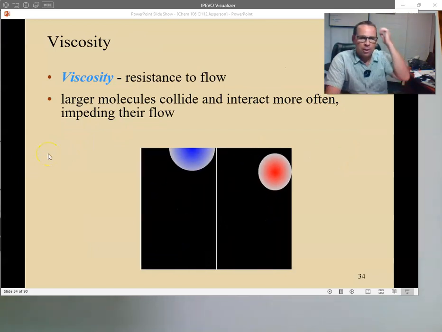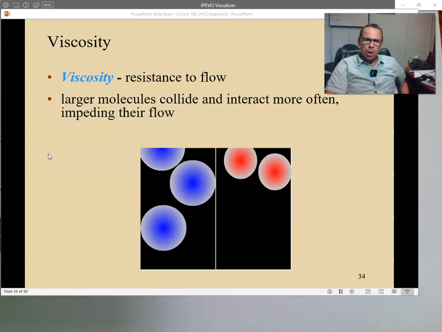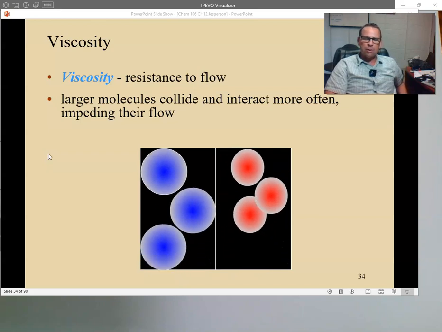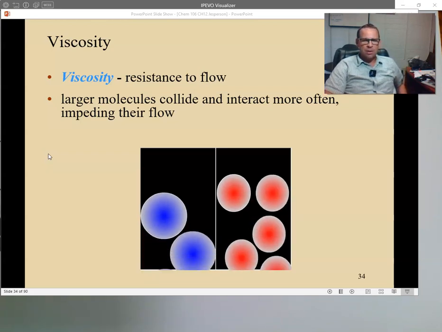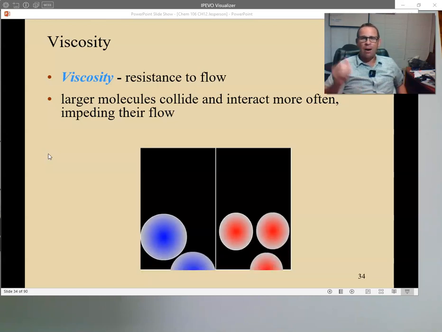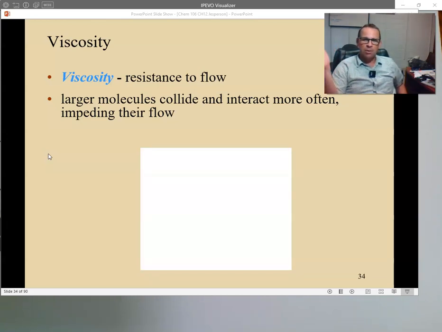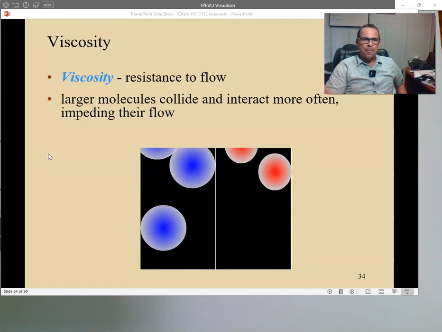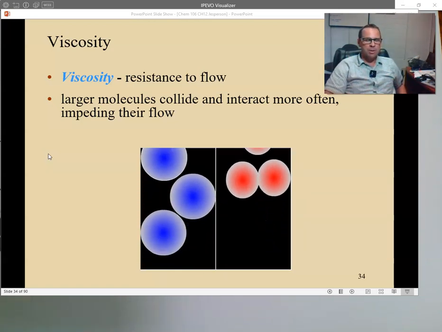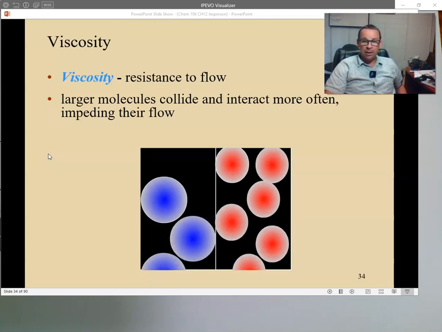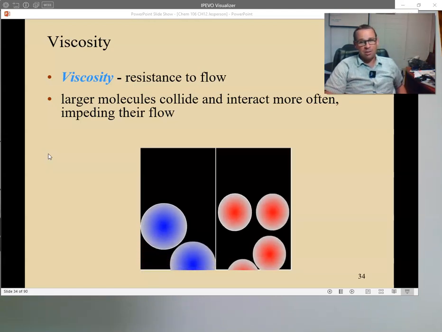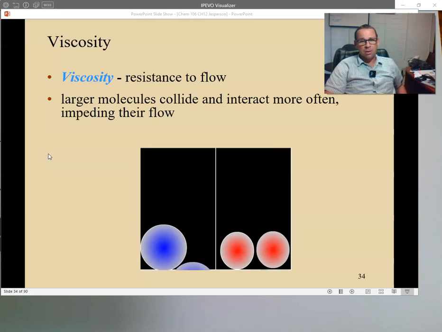Okay, very good. Viscosity is another property that intermolecular interactions influence. You can think of viscosity as how fast a liquid will flow. For example, honey is very viscous.